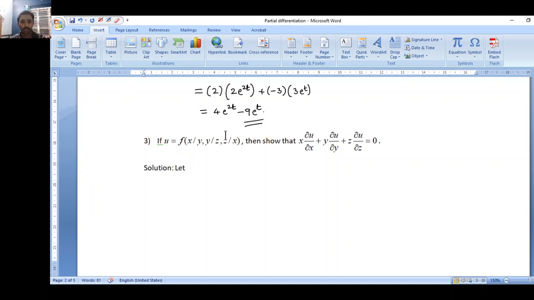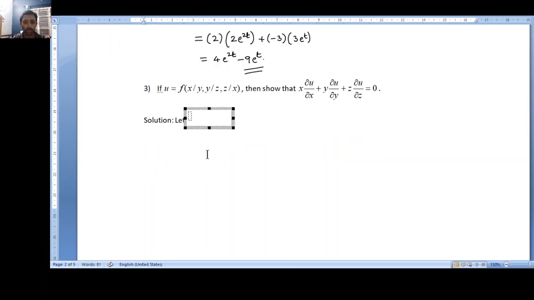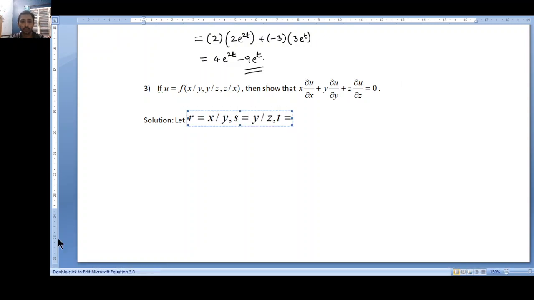So I'll simply take r to be x by y, then I'll take s to be y by z, and t to be z by x, right?